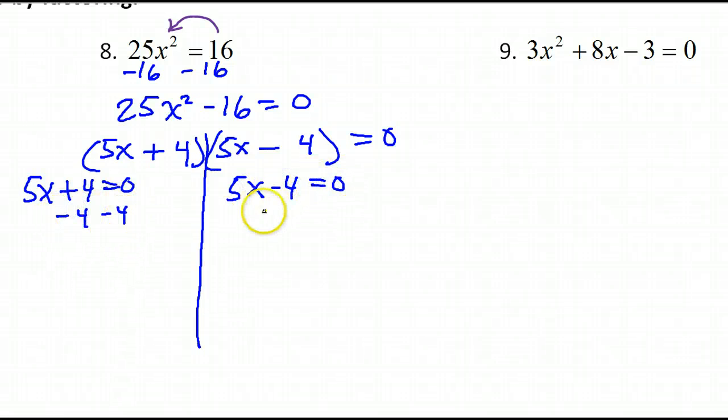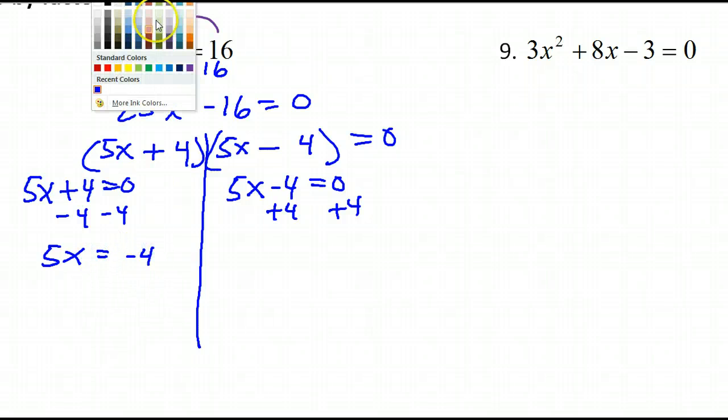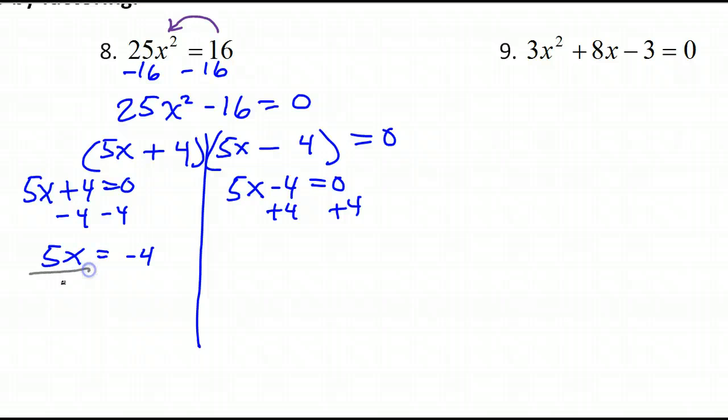Subtract 4 from both sides, add 4 to both sides. That's going to give me 5x equals negative 4. Okay, divide by 5. That's going to give me x equals negative 4/5.